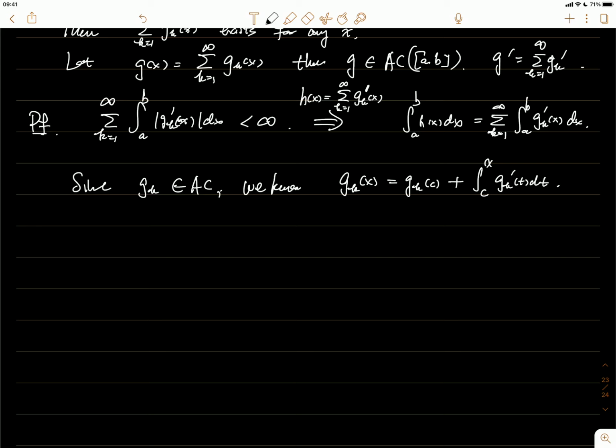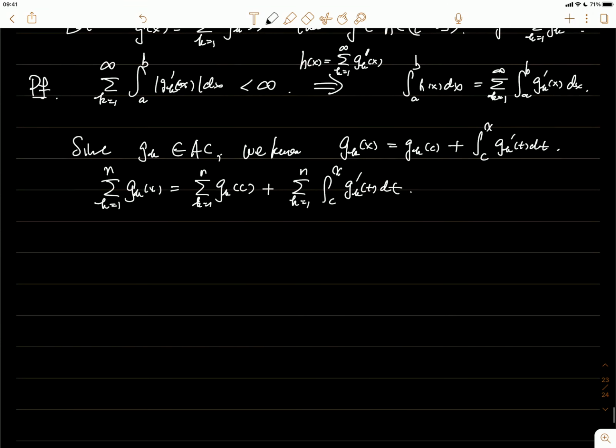Then we take a partial sum for k from 1 to n of g_k(x). Take the sum of the left-hand side equal to the sum of the right-hand side, from 1 to n, plus the sum for k from 1 to n of the integral from c to x of g_k'(t) dt.